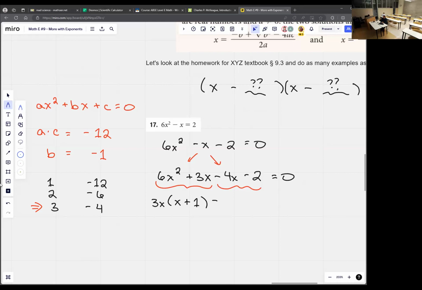What comes out of the second? Minus, oops, that's a 2x plus 1. And then lastly, I take the 3x and the minus 2 and unfoil. I'm not quite done, but I've done the factoring.